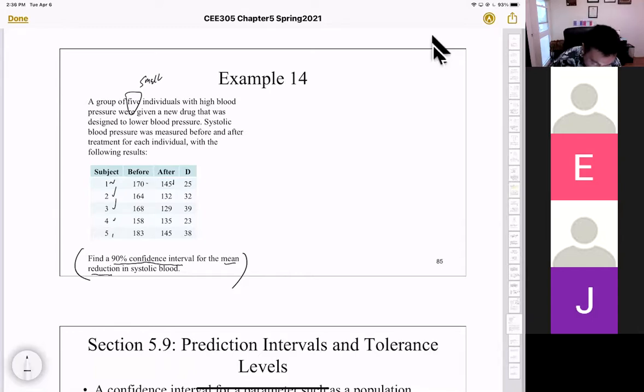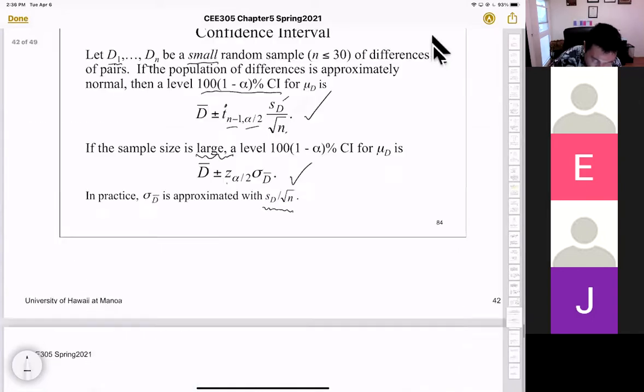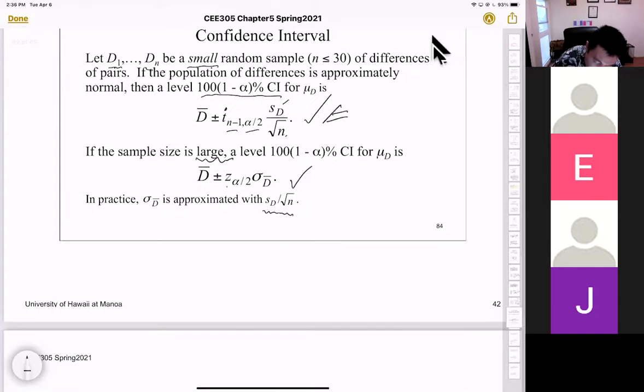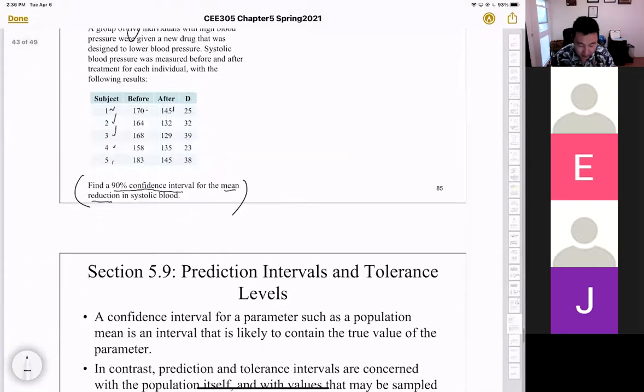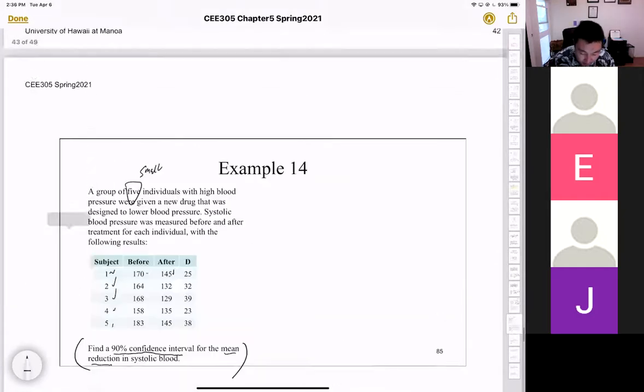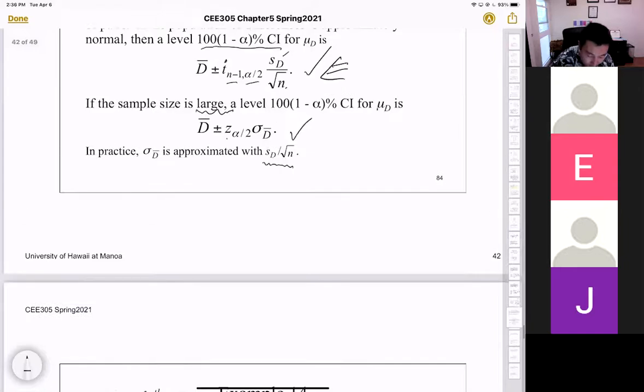Because this is a small sample, we should use this equation. We use the t-value. Then let's calculate the parameters one by one.